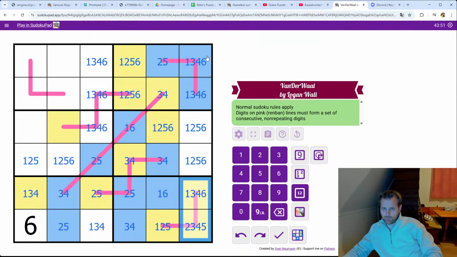So there's a 3-4 here and a 3-4 here. This could be 2-5. Okay, something, my logic was completely incorrect.